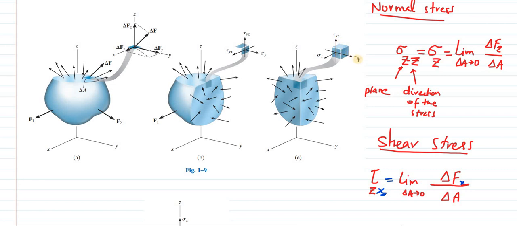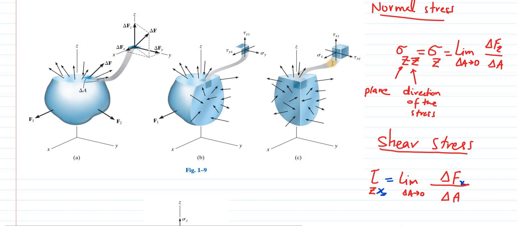You see, in all cases the first subscript is x, and this is sigma xx, or simply sigma x. Because we are considering stresses acting on the x plane, the first subscript in all these cases is x, and the second subscript denotes the direction in which the stresses are acting. This is acting in the z direction, this is acting in the y direction.